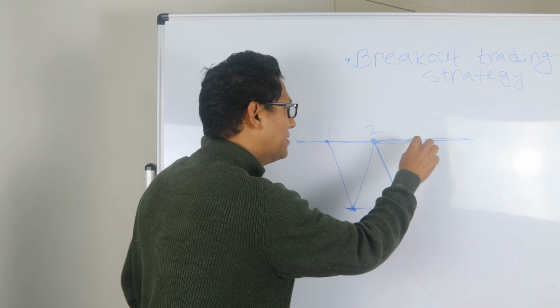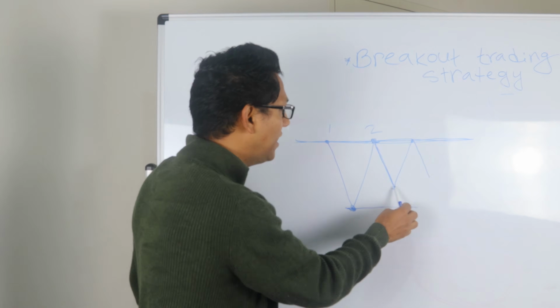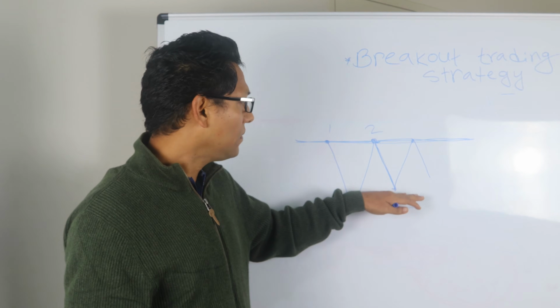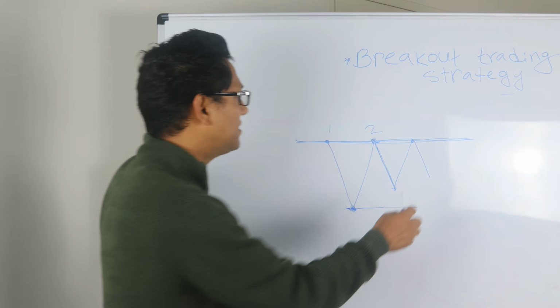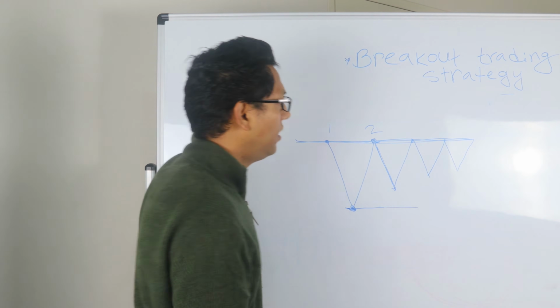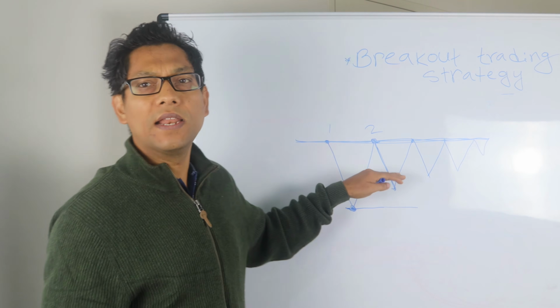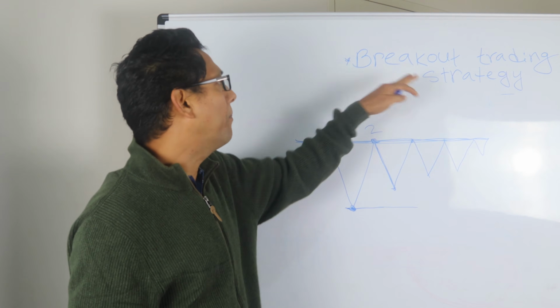Again similar things happened, the seller came, but they were not strong enough to create a new lower low. So the same thing happened. Okay, let's continue.